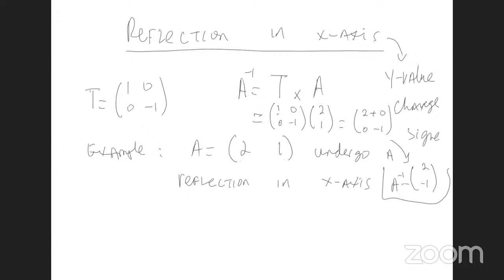While you're writing, suppose I gave you A and A prime. How are you going to get T? How do you find T? Any ideas?